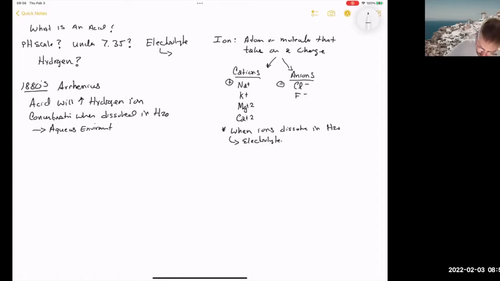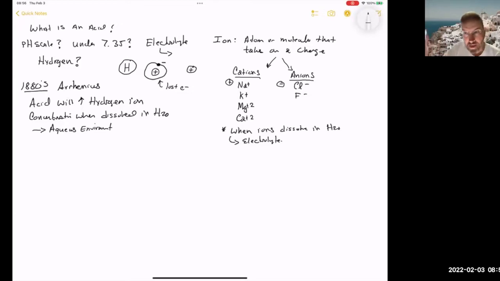So what is a hydrogen ion? Well, a hydrogen ion is a hydrogen atom that has lost its electron. Remember, hydrogen is one proton and one electron. So you just have a proton by itself, and a proton by itself is what's known as a hydrogen ion.